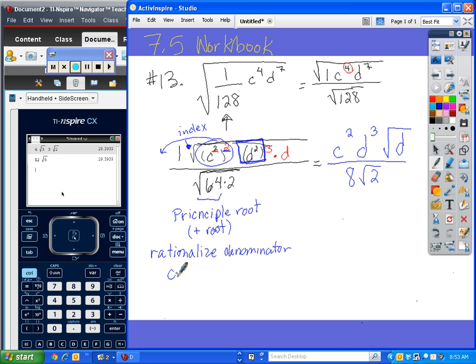So this is c squared d cubed square root of d over 8 square root of 2. So what am I going to multiply to get rid of my square root of 2? Square root of 2. So I'm going to multiply top and bottom by the square root of 2 over the square root of 2.